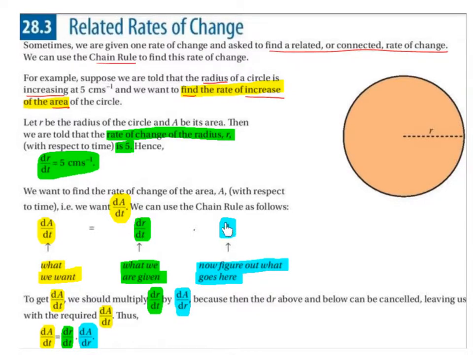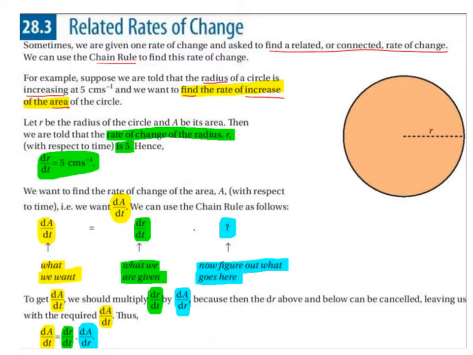So this is what should go here, dA/dr, so that the dr in the numerator and the dr in the denominator will cancel, and we'll be left with dA over dt, which is what we want. To get dA/dt, we multiply dr/dt by dA/dr, because then the dr above and below can be cancelled, leaving us with the required dA/dt.